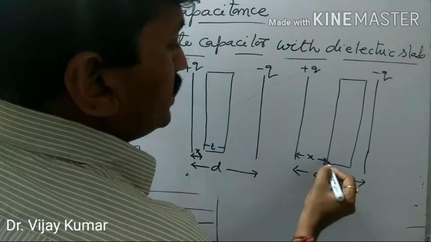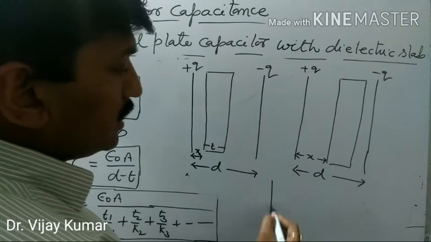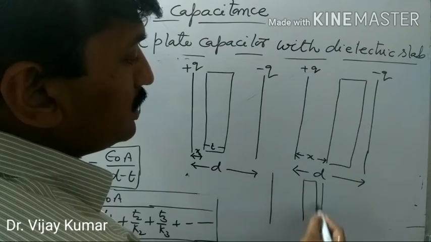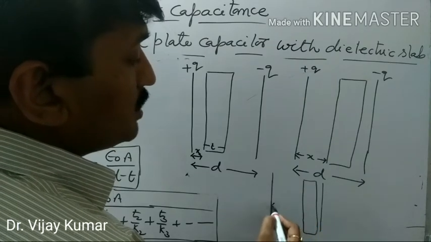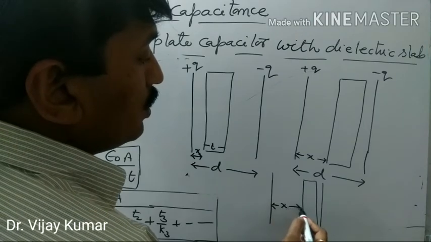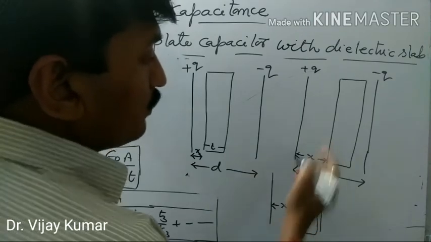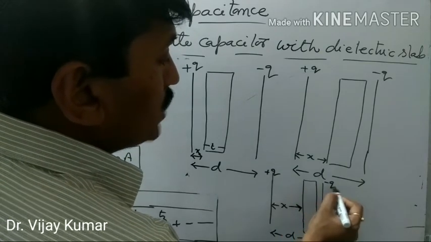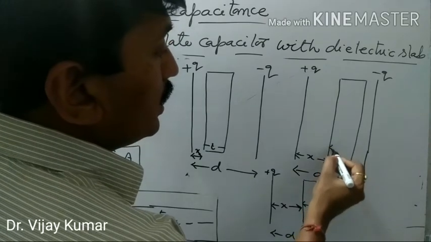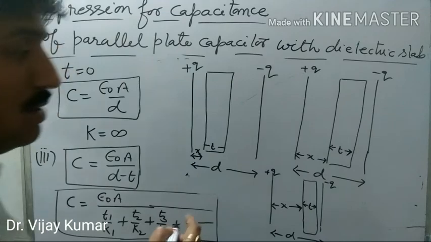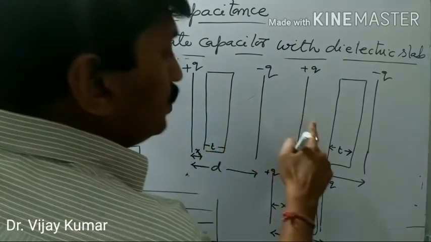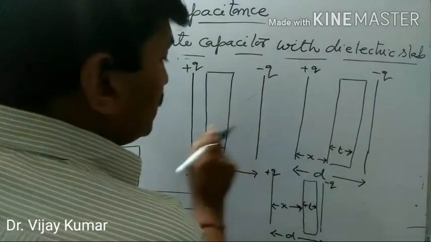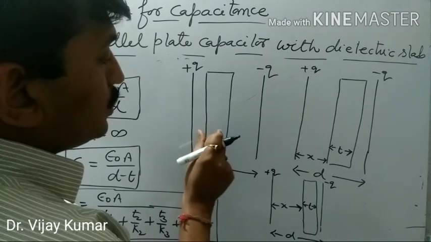Now X is increased, and in the third position the dielectric is like this, so X is increased from the second position. Again separation is D, with the same thickness T, and the capacitance of all three capacitors is the same. It means the capacitance of the capacitor does not depend upon the position of the dielectric.